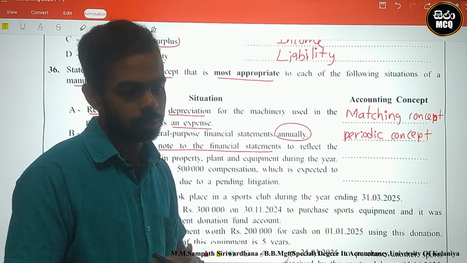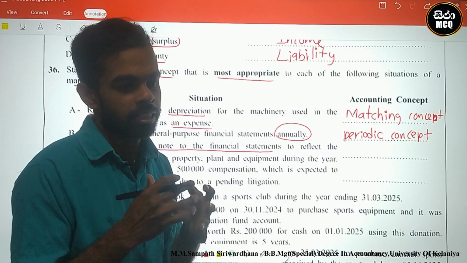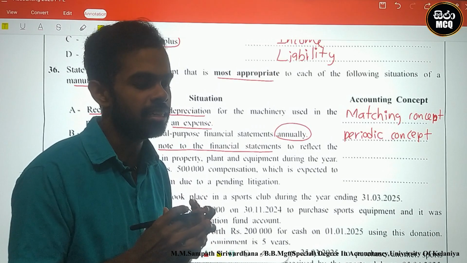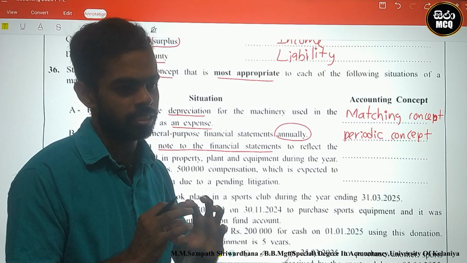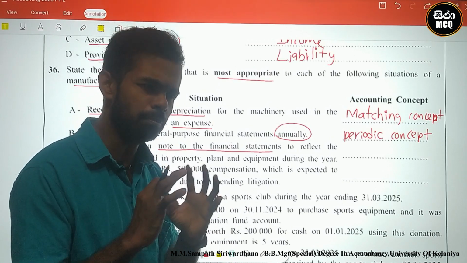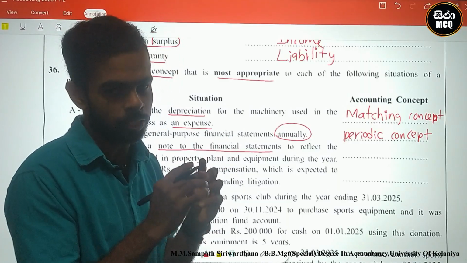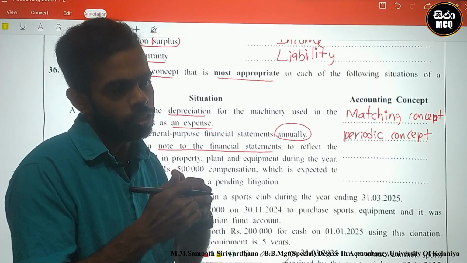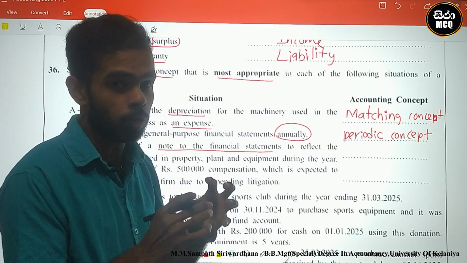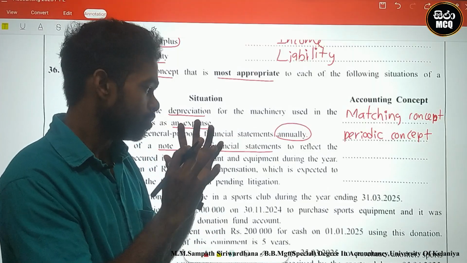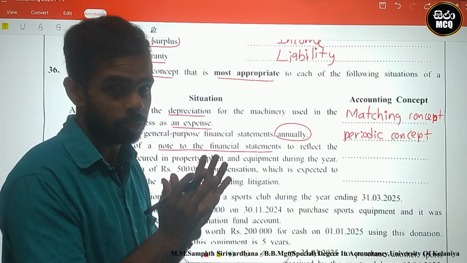Why do we prepare the property, plant and equipment note? There are so many variations, deductions, additions there. All the information, all deductions, all impacting values we must reflect in the note. All the information is supplied to the stakeholders to read.